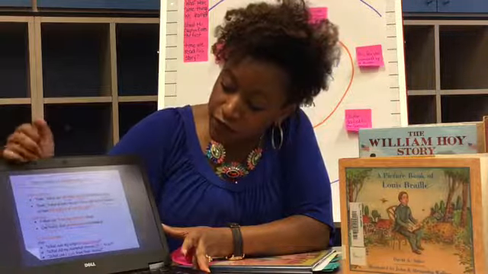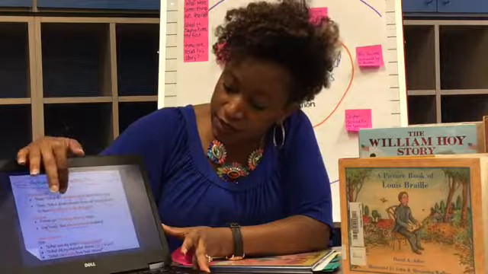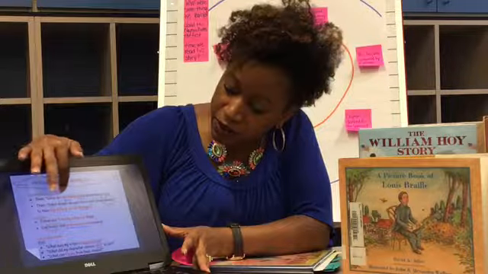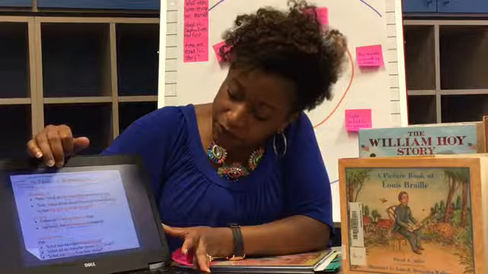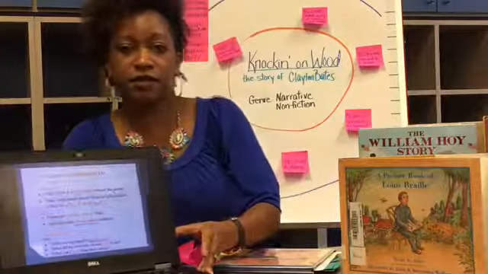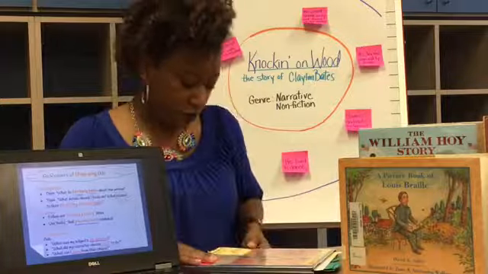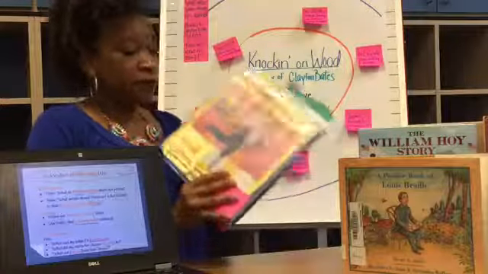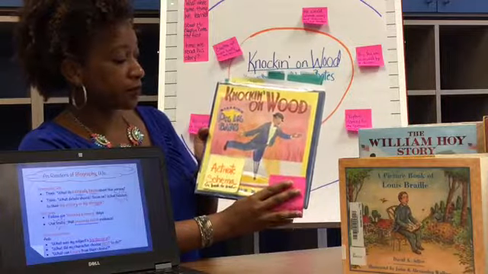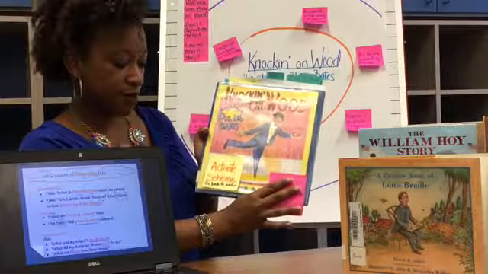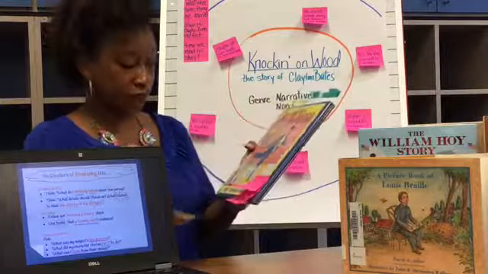We're going to start off with previewing the text. That means we're going to think about what do we already know about the person and what details should we focus on as it relates to them. So pretend like we've already read this story, Knocking on Wood, starring Peg Leg Bates. And we're going to do a little activation of schema.